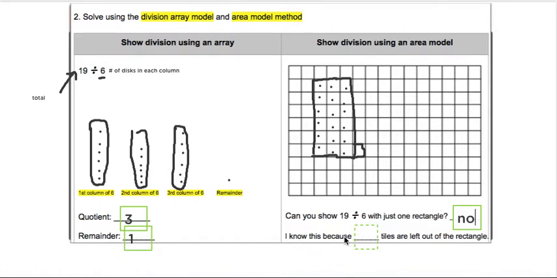No, we can't because we had a remainder. I know this because tiles are left out of the rectangle. How many tiles were left out of my rectangle? Good job. 1 tile was left out of my rectangle.